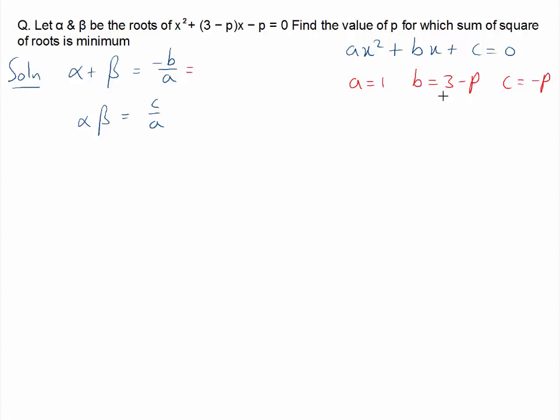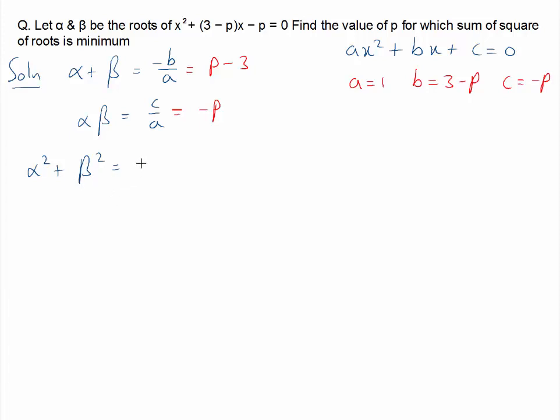Now alpha plus beta would be equal to minus b by a. When we multiply the minus sign with b, we will get p minus 3, and a is 1, so divided by 1 will give us p minus 3. Similarly, c by a would come out to be minus p. Now they are asking the value of p for which the sum of square of roots is minimum. So let's first find the sum of square of roots, which is alpha square plus beta square. We don't have to find the roots to find this.